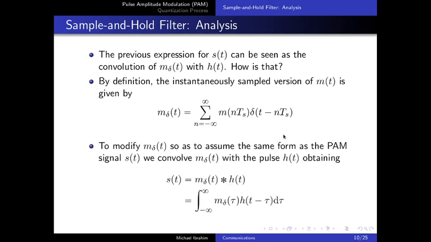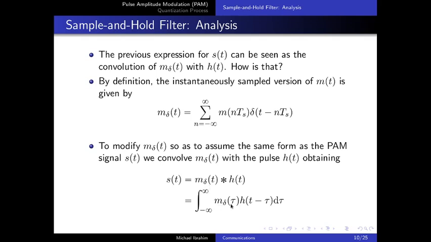So if we do the convolution between m delta of t, which is a sampled version of the signal m of t, with the pulse shape, let's see what we are going to get. In convolution, we choose one signal, keep it as is, and the other one we mirror and shift. So I've chosen m delta to stay the same, so it will be m delta of tau.